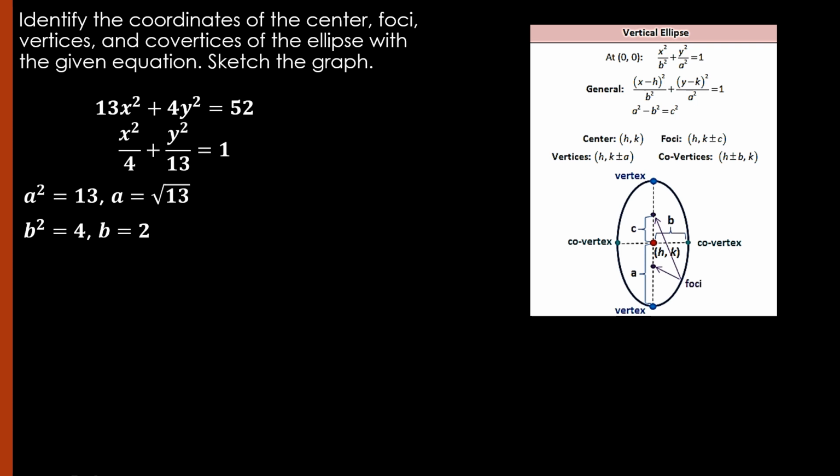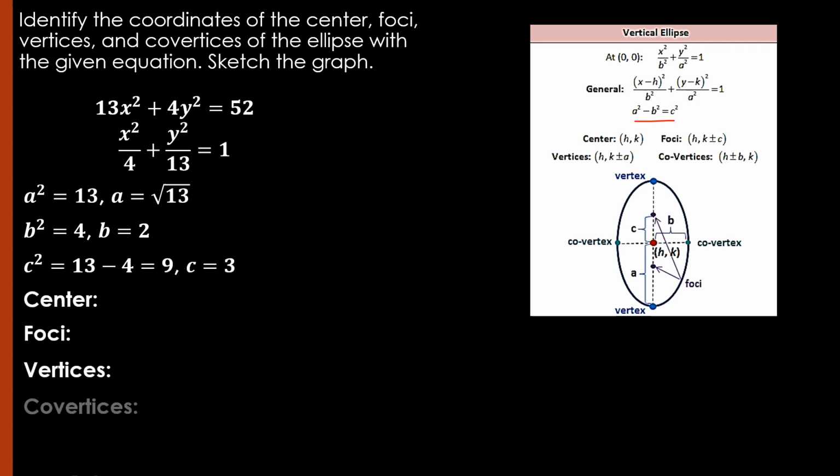To find the value of c, we will follow the formula. This formula, c squared is equal to a squared minus b squared. Therefore, we have c squared equals 13 minus 4, which is equal to 9. Therefore, c is equal to 3.